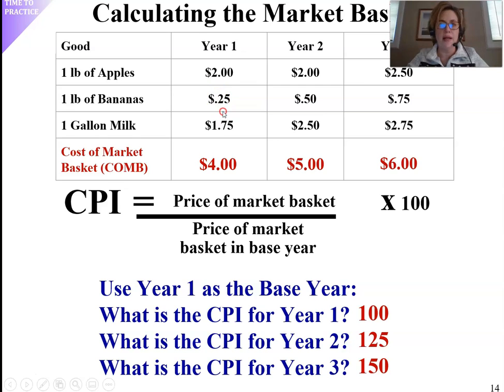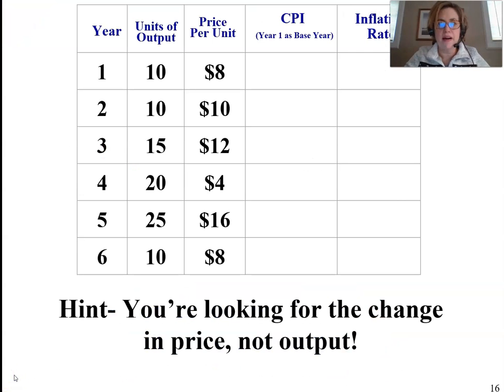So here's some practice calculations. And year one would be used as your base year. So applying this formula here, the CPI for year one, which is the base year, is always 100. Year two would be 125, and year three would be 150. So here are some practice calculations. And a hint is you're looking for the change in price, not the change in output.